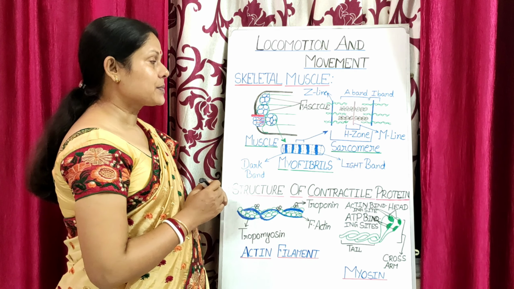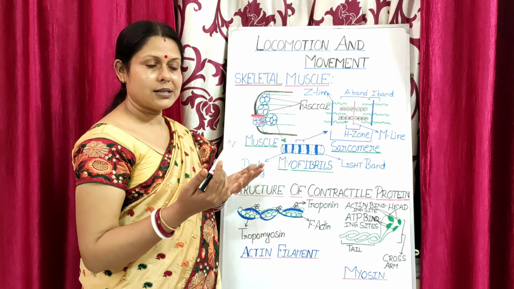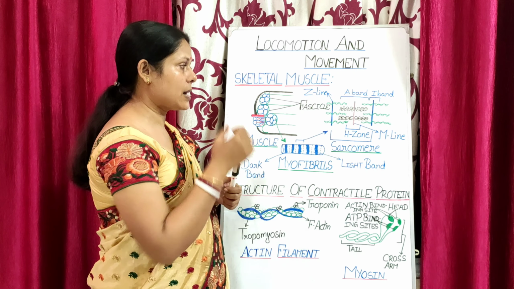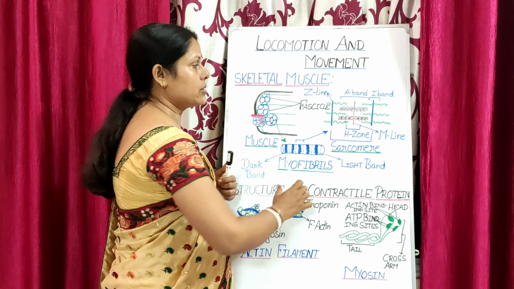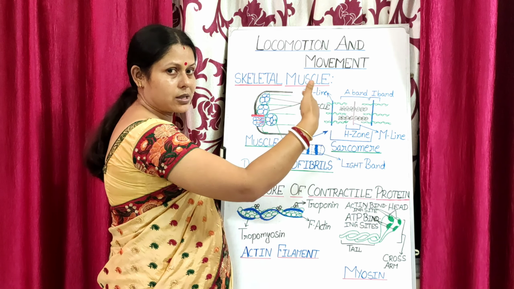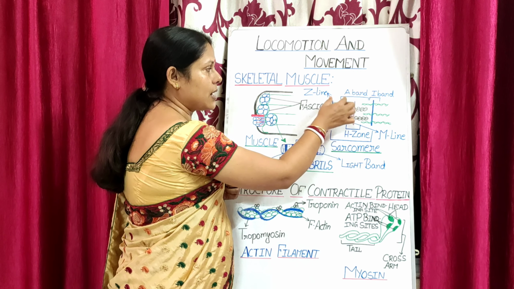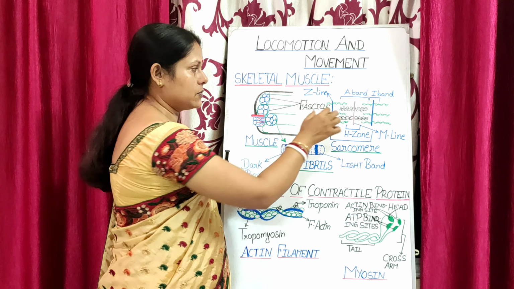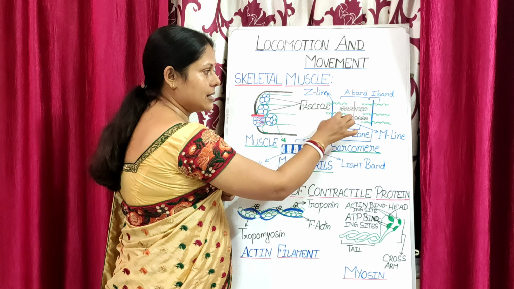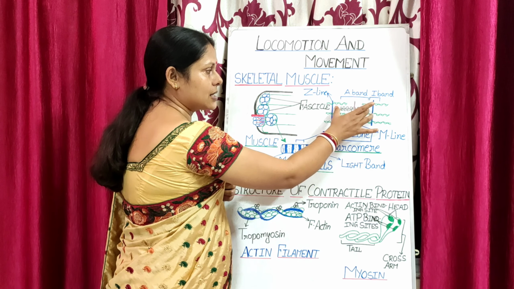Now in the resting condition, when there is no excitement of the muscle fiber and no movement, this sarcomere has alternate light and dark bands, as we have seen. Here we have half of the I band from this Z line, and half from the other Z line, and the complete A band.